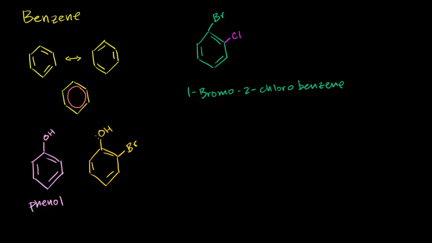What you do is you start numbering at the group that's making this a phenol. So you start numbering there, 1, and then you get to the 2. So this is 2-bromophenol. And unfortunately, this is one of those things that you just kind of have to memorize, that a phenol is really just a benzene ring with an OH group.